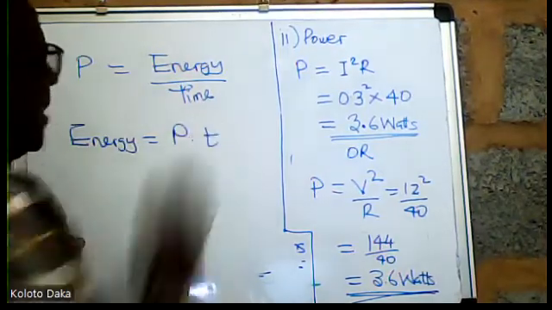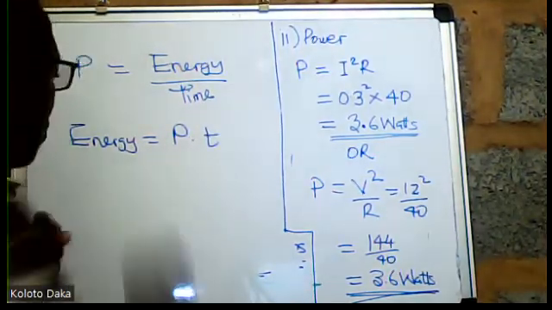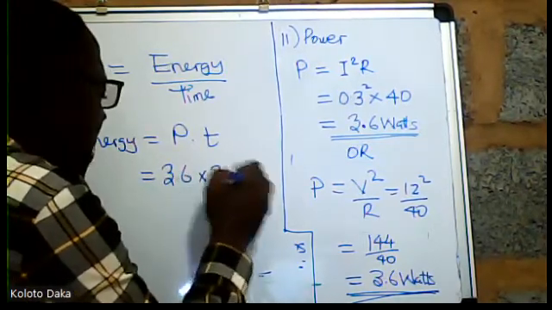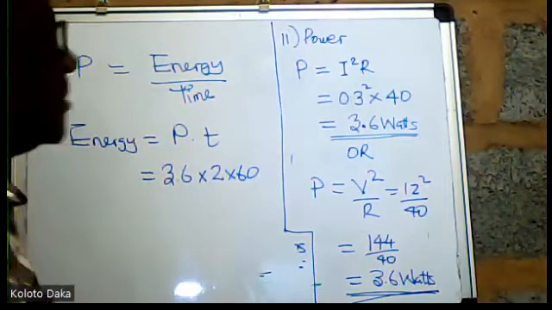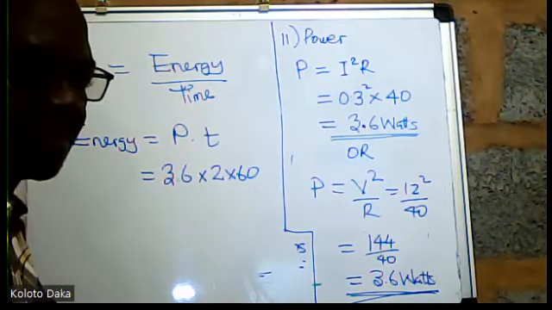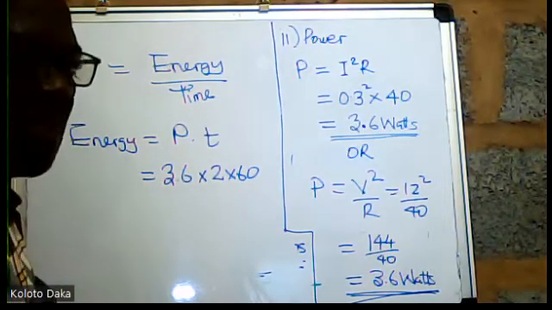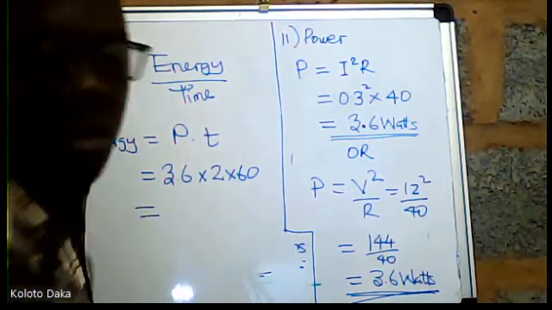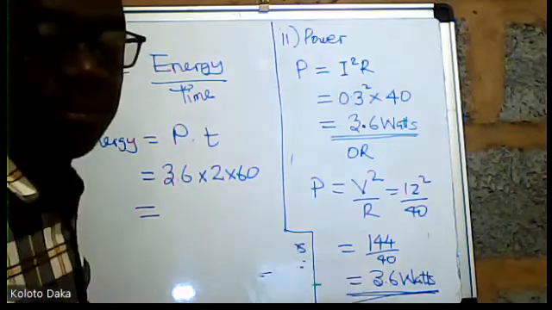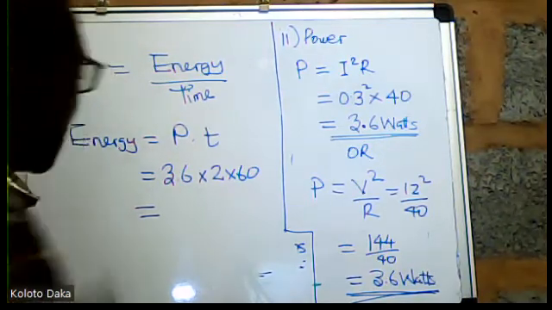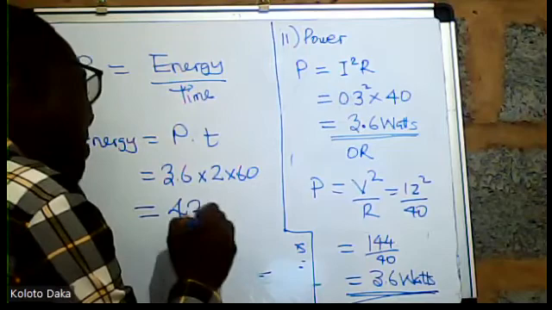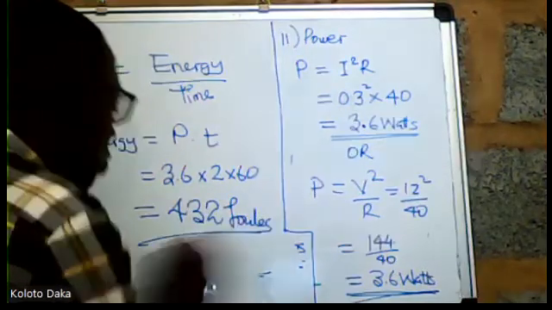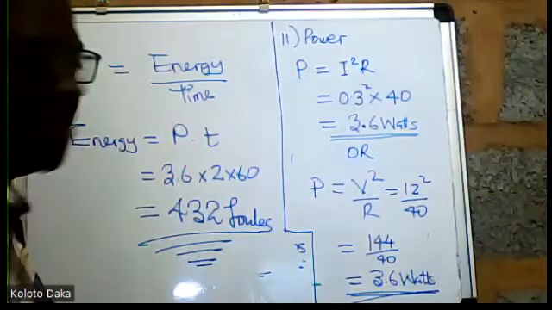Power multiplied by what? Time. So our power is 3.6. Our time is 2 minutes multiplied by 60 seconds, because it must be in seconds. You punch. 432 joules of energy.